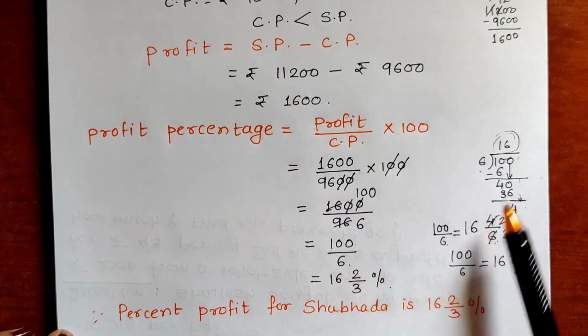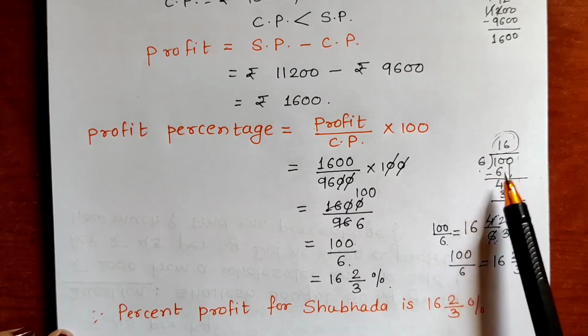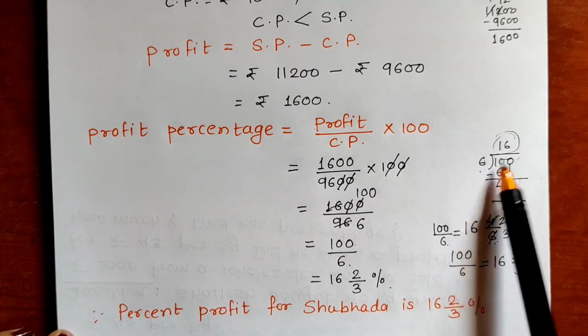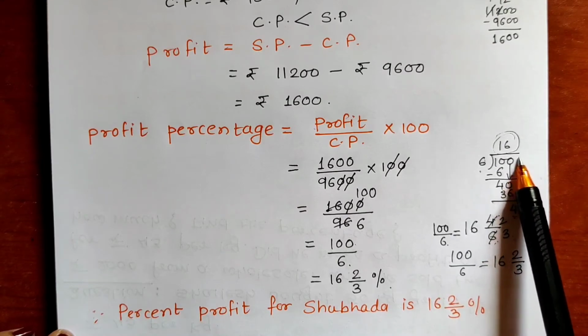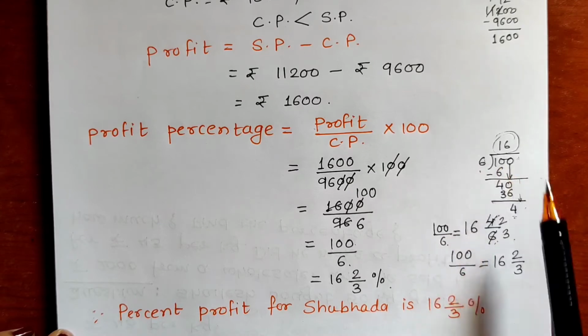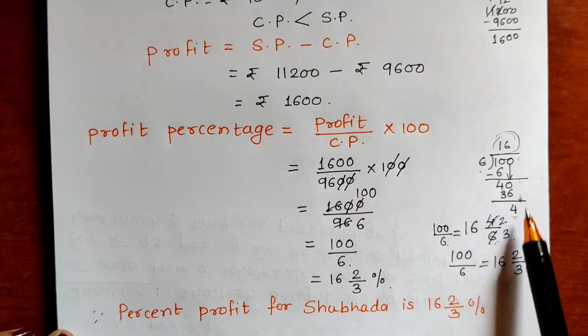Now this 100 upon 6, we have done the division here. 100 divided by 6. 6 1s are 6, 4 remaining. This 0 we have brought down. 6 6s are 36, 4 remaining. After this 0, nothing is there, so we cannot bring down. So this 100 divided by 6 can be written as 16 integer 4.